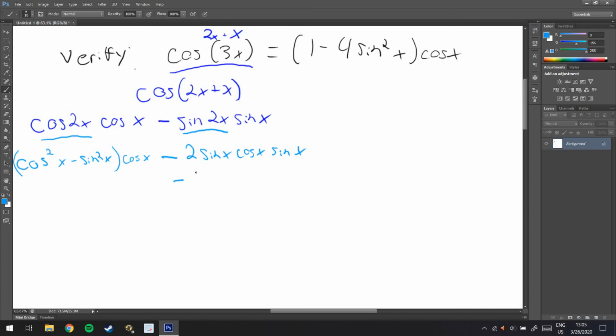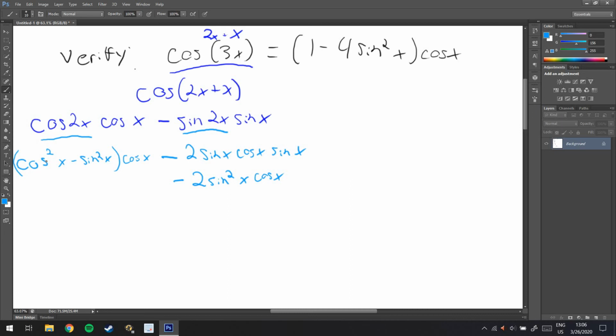I'm going to simplify the right side because the right side is fine. This is 2 sine squared x cosine of x. If we look back on the right side, we only have sine squared of x inside our parentheses. So I don't want to have this cosine squared of x.